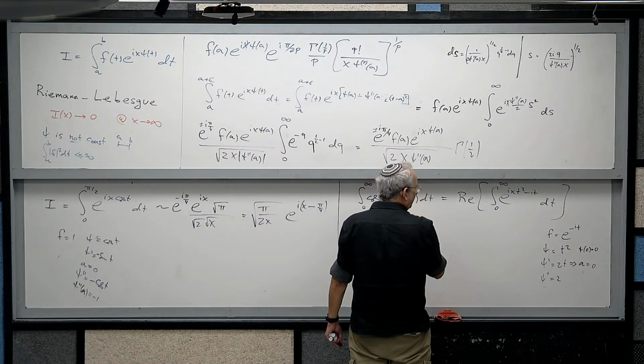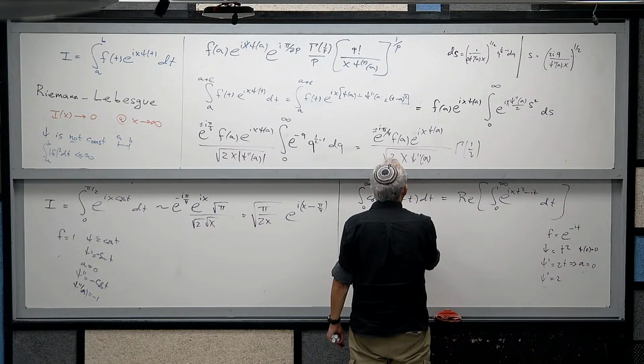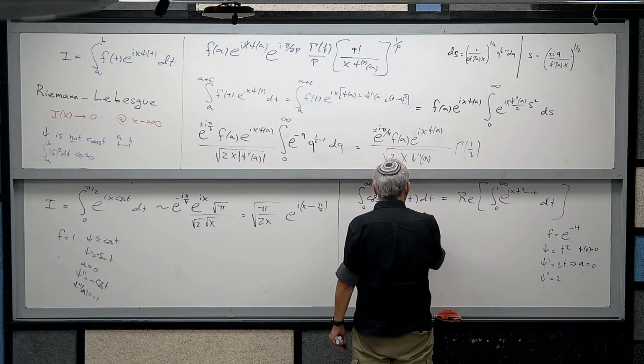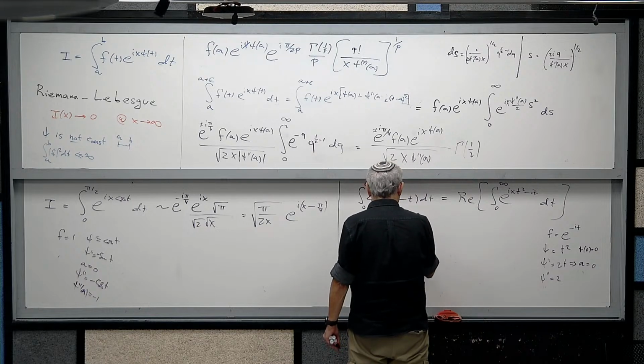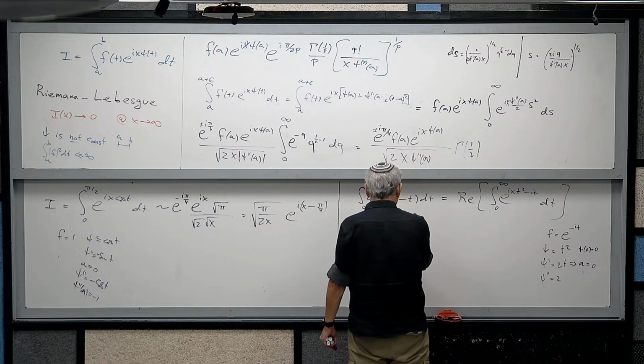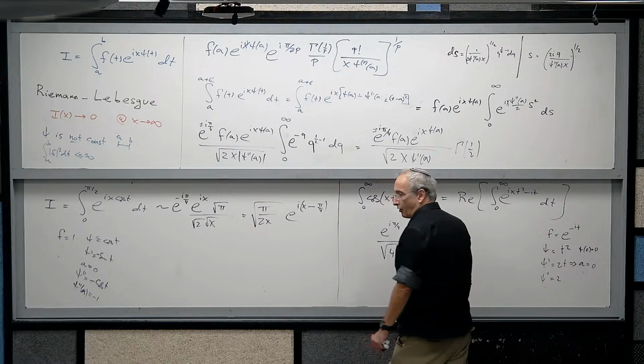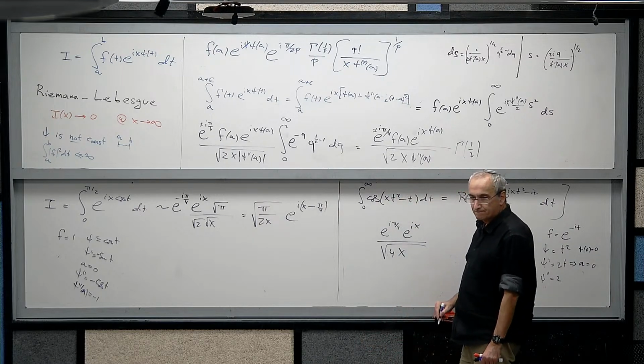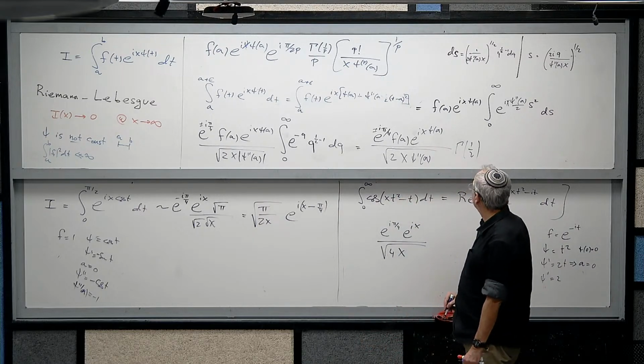We have f of 0, which is 1. We have e to the I x divided by square root of 2 times x times psi double prime, which is 2, so overall we have here 4. Why e to the ix?